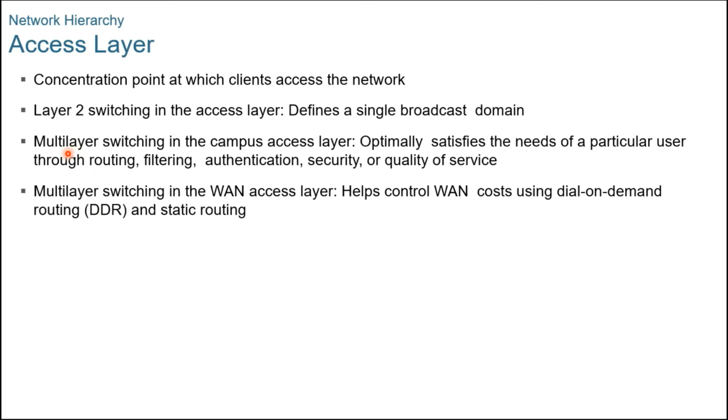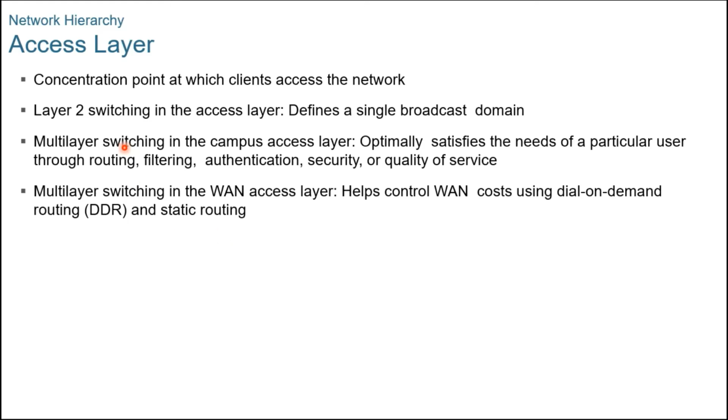The access layer is the concentration point at which clients access the network. Access layer devices control traffic by localizing service requests to the access media. The purpose of the access layer is to grant user access to network resources. Following are the access layer characteristics.